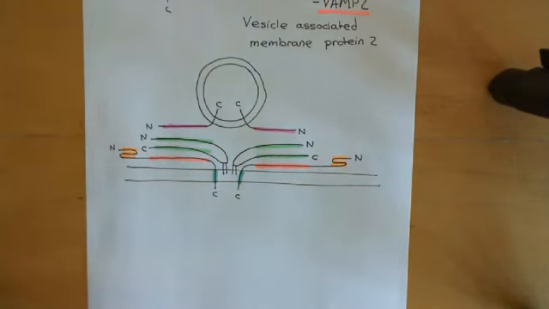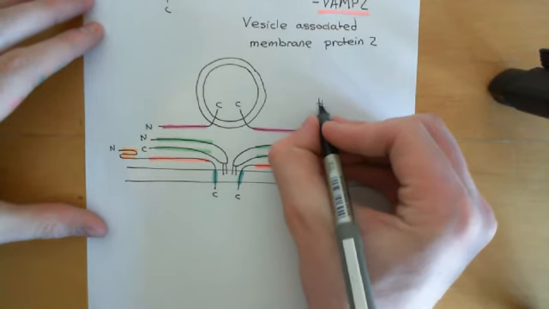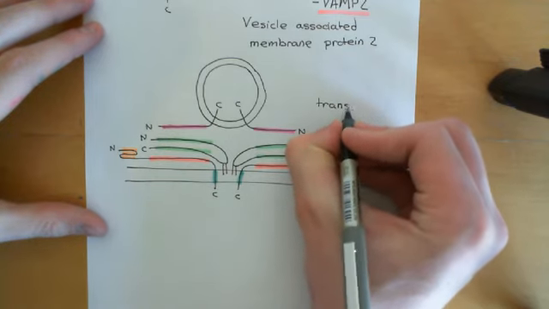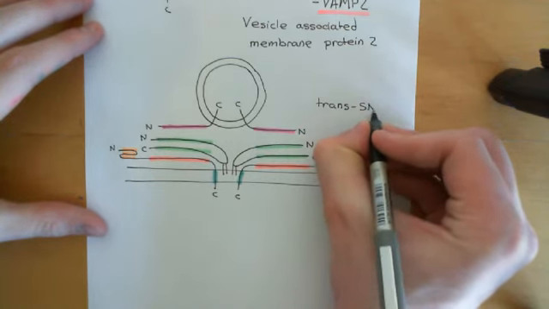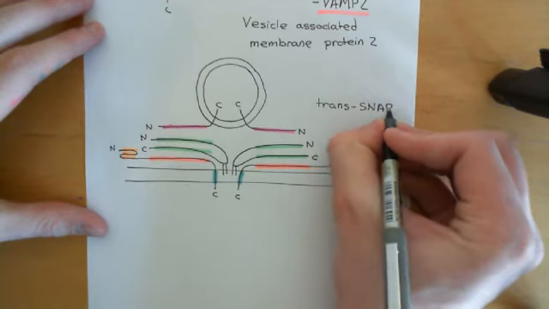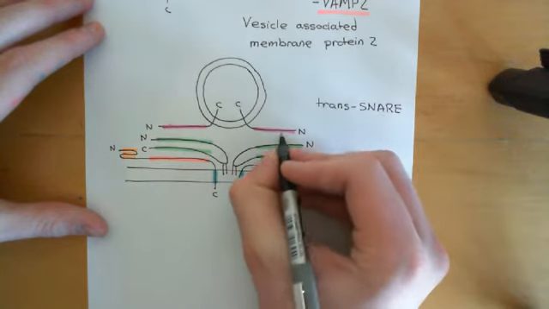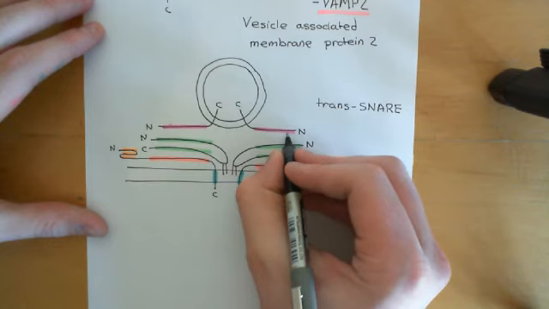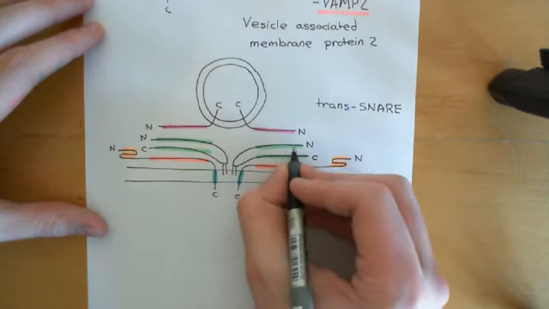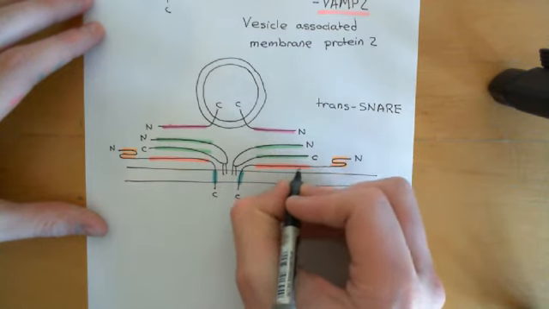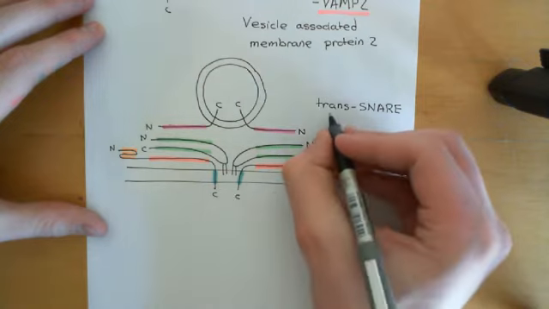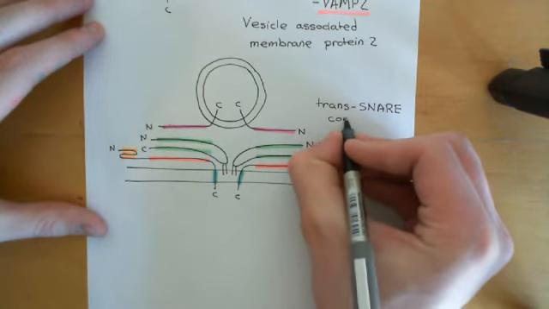So, this complex that we have now formed here is what's known as a trans-SNARE complex, and in fact we're showing 2 trans-SNARE complexes here. A single trans-SNARE complex is the synaptobrevin 2 SNARE motif with the SNAP25 SNARE motifs and the syntaxin 1 SNARE motif. So this is a trans-SNARE complex.